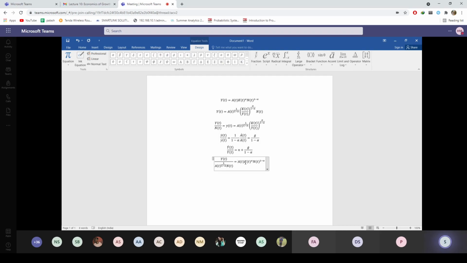let me do it in another step. Then this part will be small k_t divided by, so this part will be A_t to the power alpha, A_t to the power 1 minus alpha. So I can write this equation.